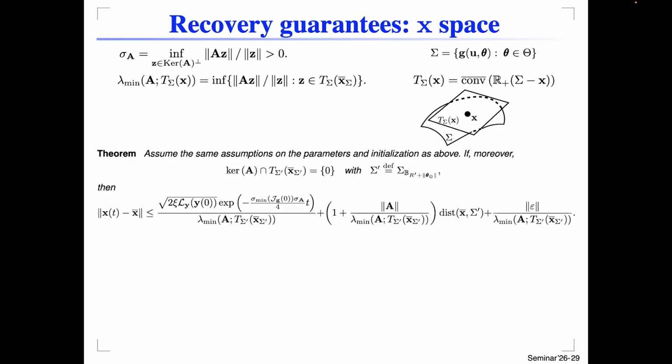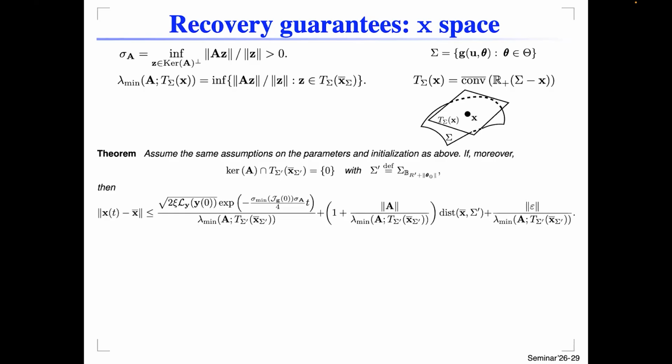So it means A applied to XT minus X bar, and I have to invert this A on this object. This lives on sigma, translated by X bar. Because this is a linear operator, it's a subspace, and I have to make everything homogeneous, so I'm taking the conical hull, and the hull is exactly the tangent space. Everything here lives on the tangent space of sigma at X bar.